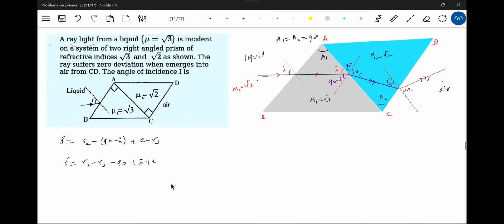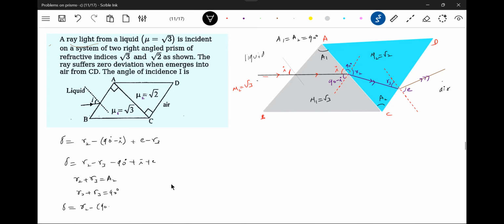Now look at this. Any relation between the angles? R2 plus R3 should be equal to A2, and A1 equal to 90 degrees. So I'll substitute here in the deviation.